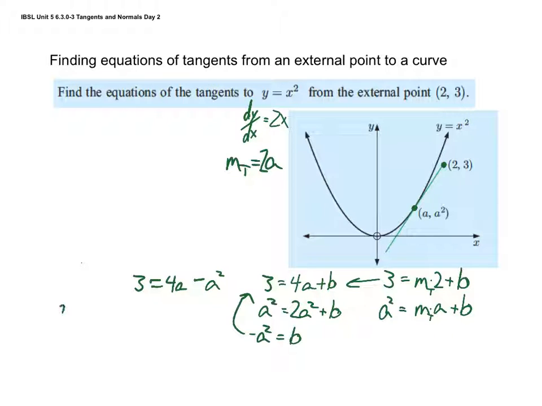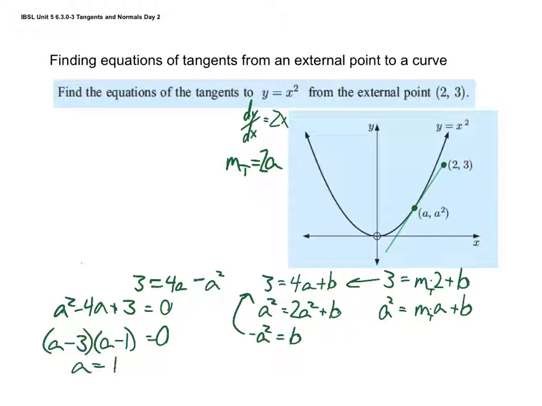There we go. a squared minus 4a plus 3 equals 0. Minus 3, minus 1. So a could be 1 or 3, which makes sense, because if you look at the graph and I kept drawing this, there are two tangent lines, right?